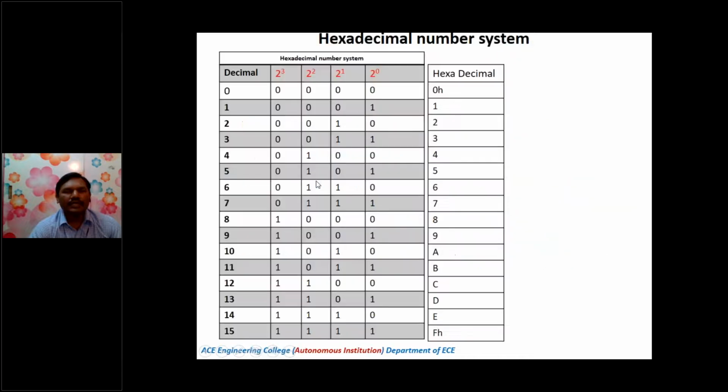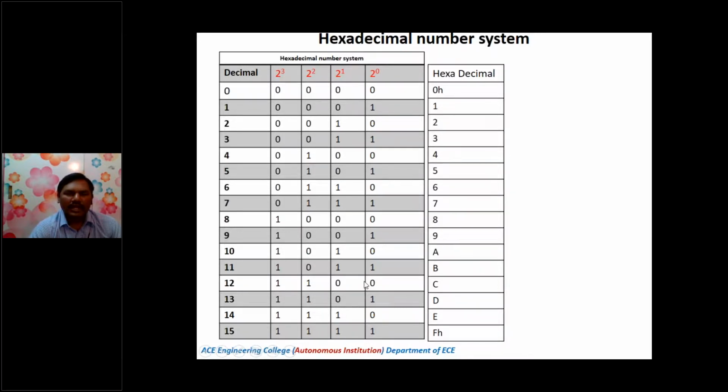That I am going to show in the next slide. Here these are the decimal values 0 to 15, and these are the hexadecimal number systems. Here H stands for hexadecimal.